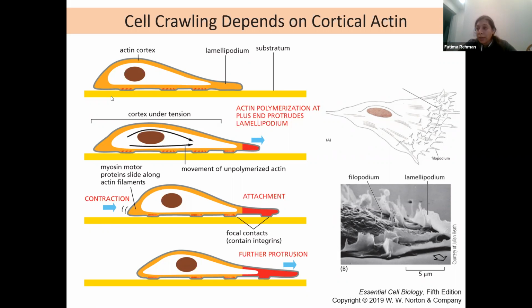So if the cell was in a completely stable space where it was not going to move at all, the actin cortex would be evenly distributed all throughout the cell and would overall be in a balanced state where all areas are going to have the same amount of polymerization and depolymerization. However, if there is some kind of a signal that is helping the cell move in a particular direction, it causes a kind of tension, or usually it's done through ion channels.